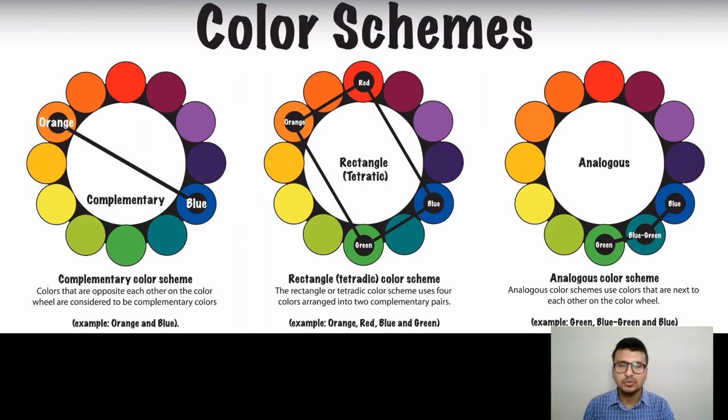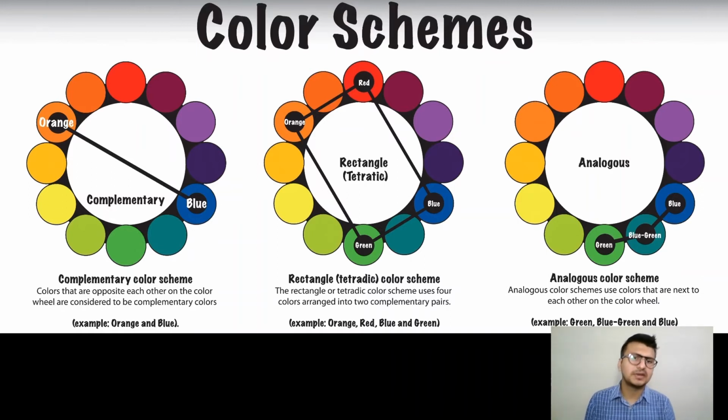Again, these are not the only examples, because we can make a rectangle at any angle in the circle. So any four colors which form a rectangle can be a rectangle color scheme.